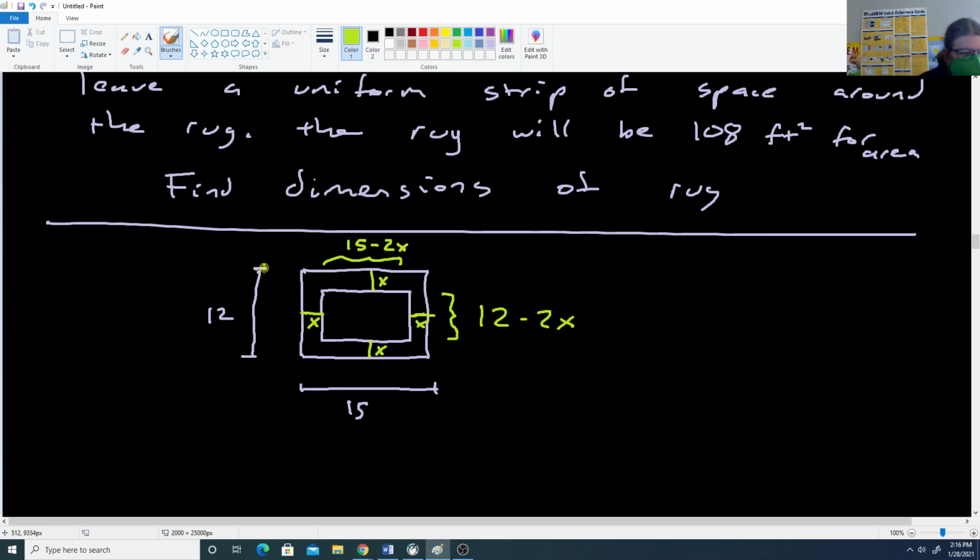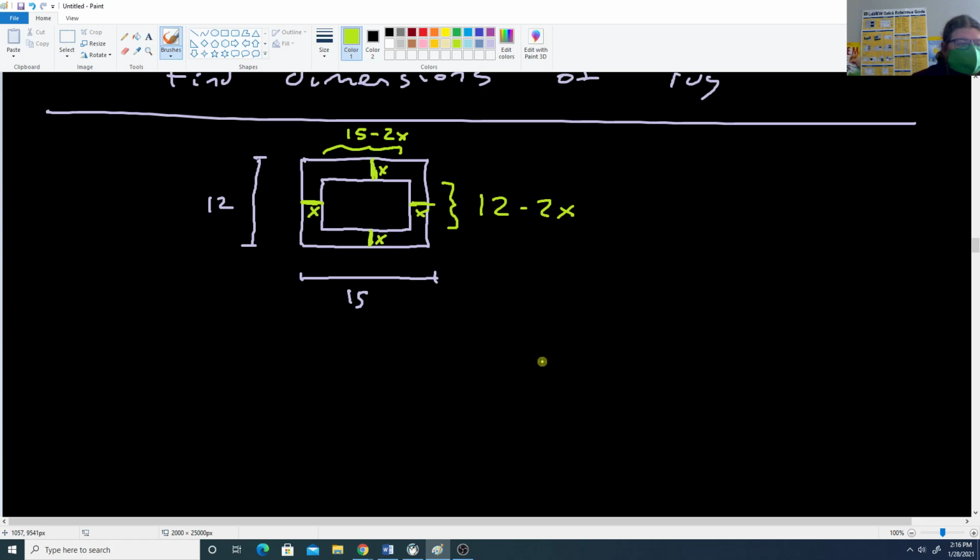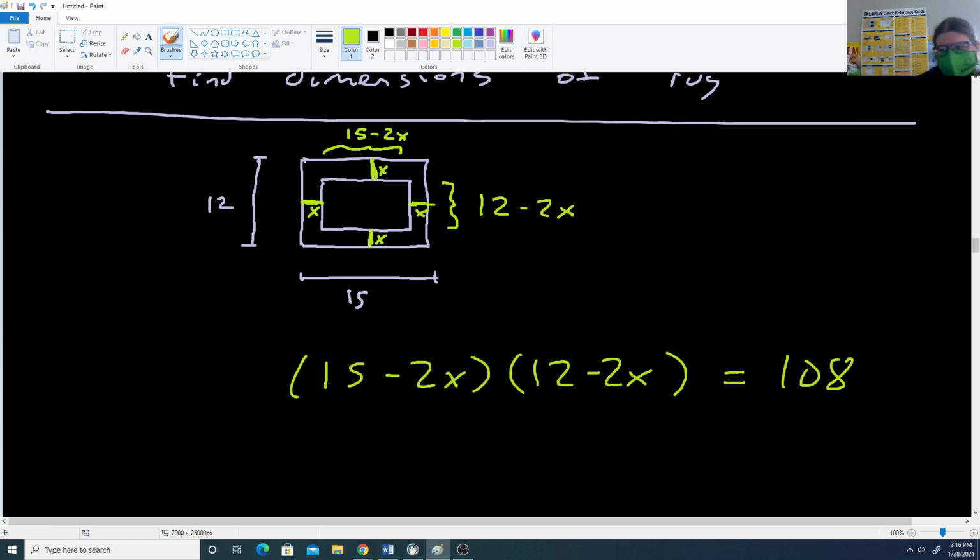Because if you take the total 12, you come in x from the bottom and x from the top, so you move x twice. If you have the whole 15, you move in x from the side and x from the other side. So the area of the rug that's supposed to be 108 will be the length of the rug times the width of the rug. And then that's something we can solve.